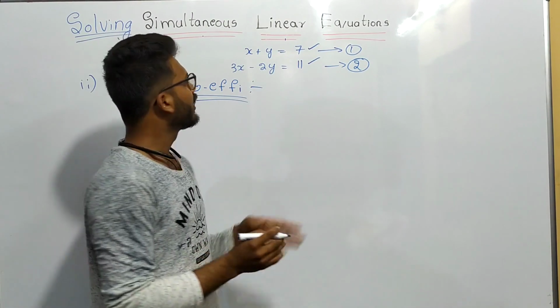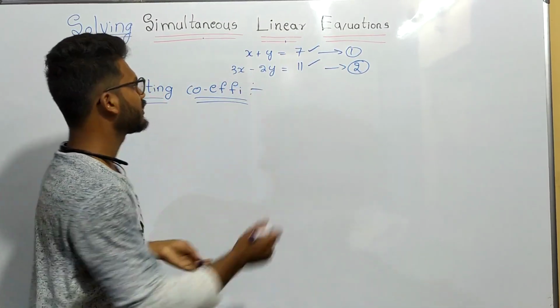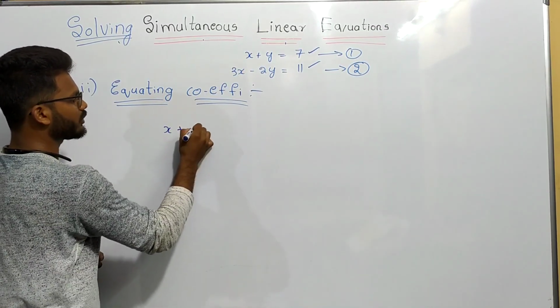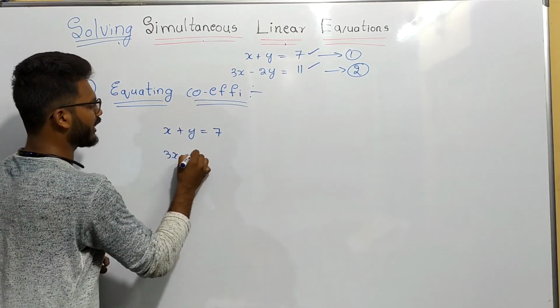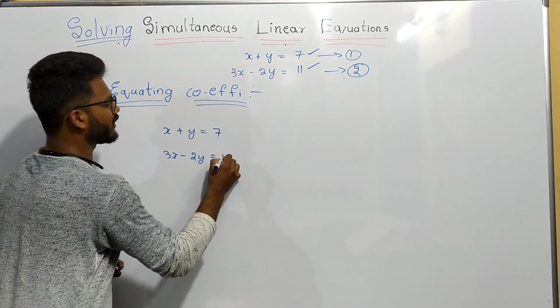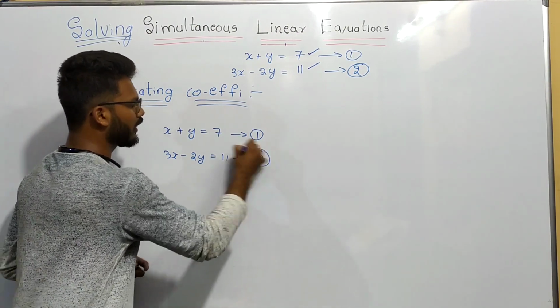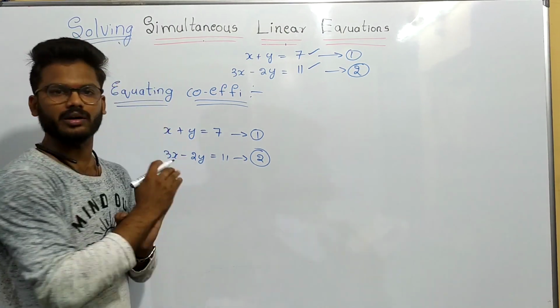Coefficients are nothing but the coefficients of the respective variables. For this, first we take two equations: x plus y is equal to 7 and 3x minus 2y is equal to 11. These are two equations, 1 and 2.